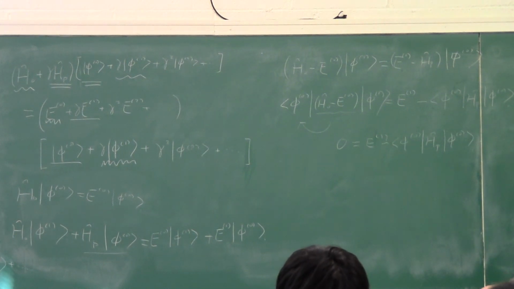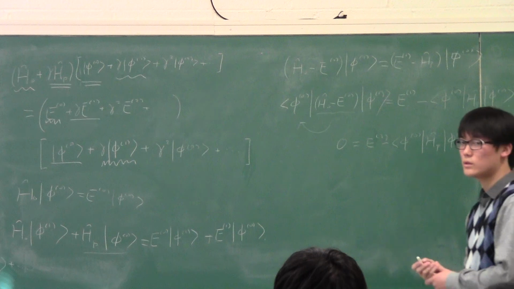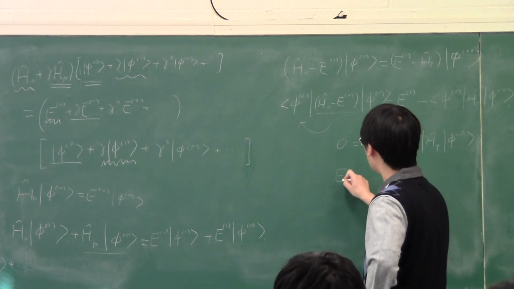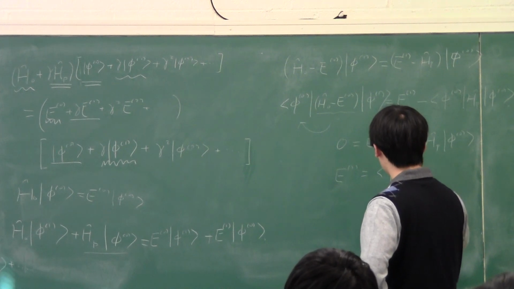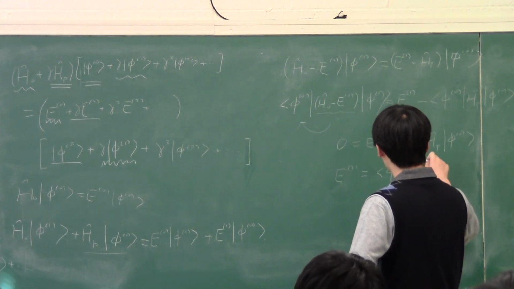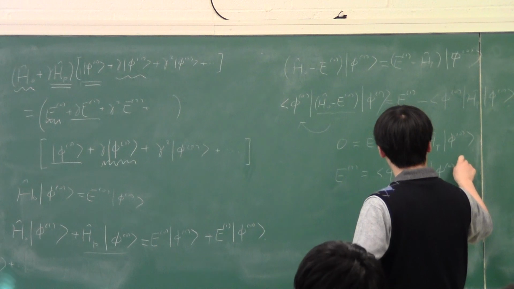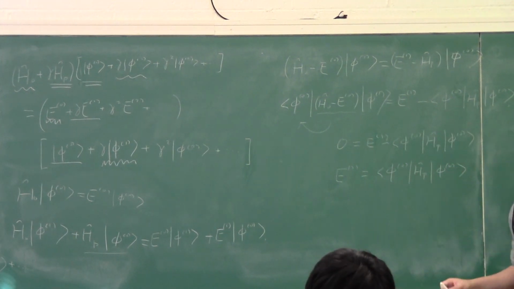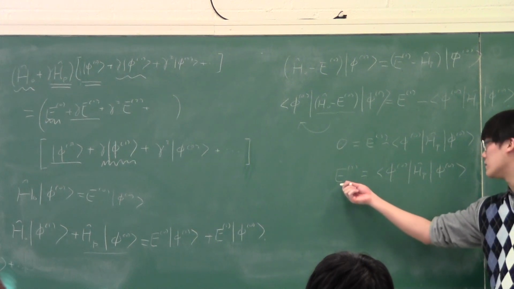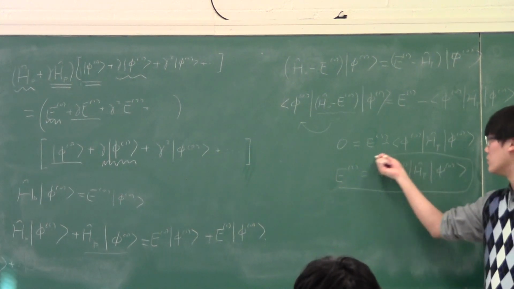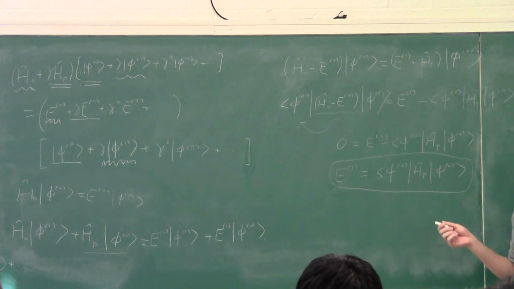On this side we have the perturbation term. So we get that for the energy, first order approximation, the correction in the energy is just the expectation value of the perturbation taken with respect to the unperturbed wave function. You should just memorize this equation.